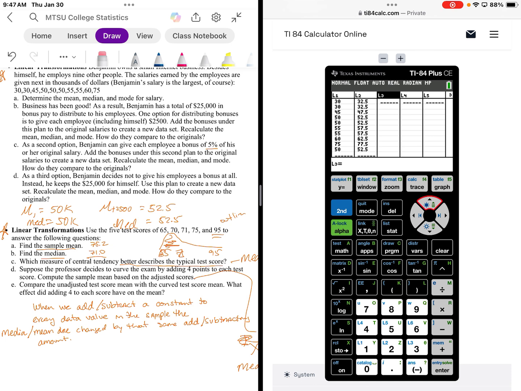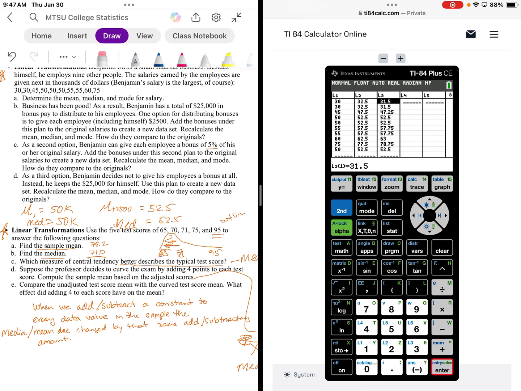Now, how can I do that faster? I take each person's salary and multiply it by 1.05. So on the column header, I'm going to say I want 1.05 times column L1, and I'm going to hit enter.